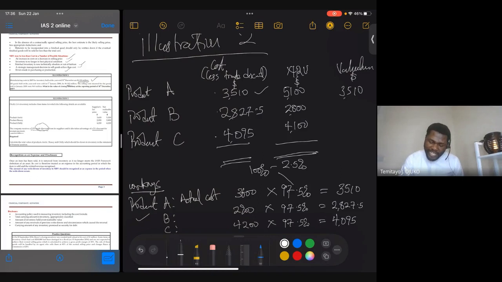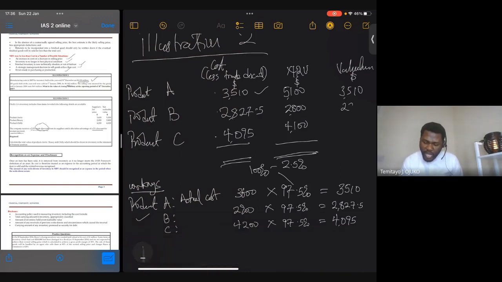In this case, the net realizable value is lower. So I bring in the net realizable value. Then for the last one, the cost is actually lower. So I add this up, and that gives us the value of our inventory. 3510 plus 2,800 plus 4095. That gives us what? 10405. It's as simple as ABC. That is the value of our inventory.